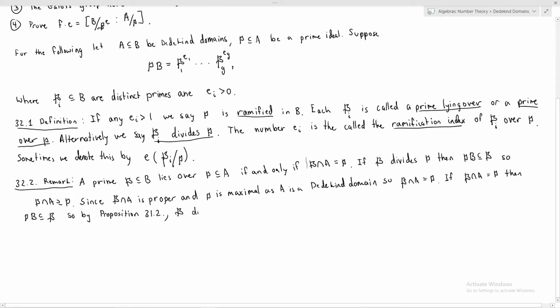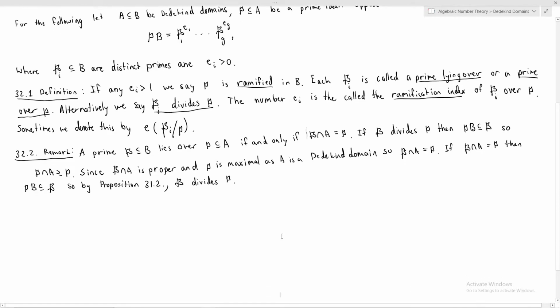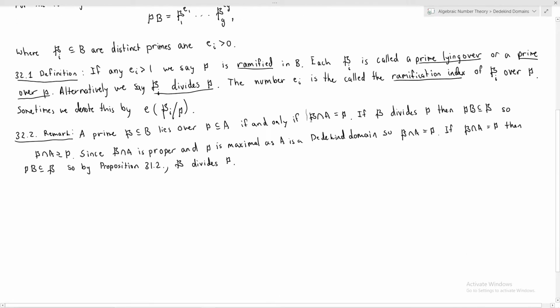This guy divides B. Okay. So this concept of lying over is really just saying that big P intersect little a is equal to little p.